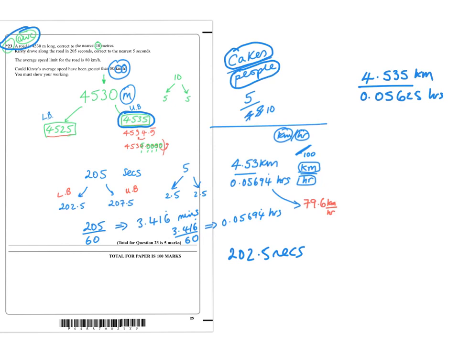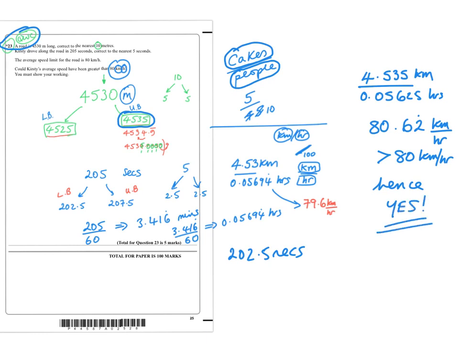Now you can work that out, and if that is more than 80, then yes, it would have been true. So let's do 4.535 divided by 0.05625, and that gives me 80.62 recurring kilometres per hour, which is greater than 80 kilometres per hour.